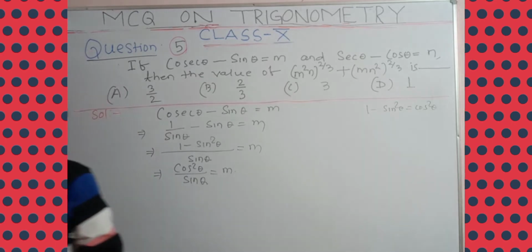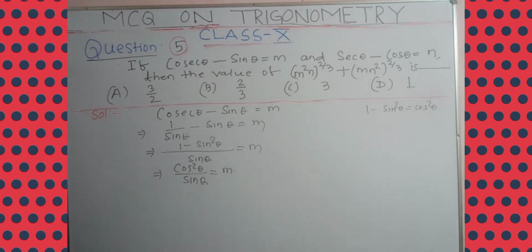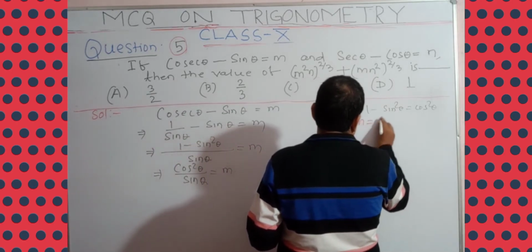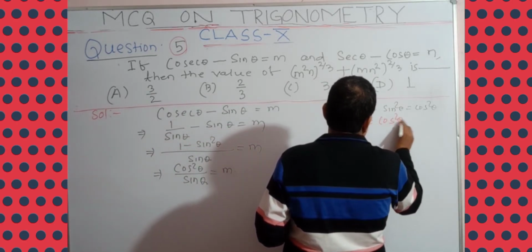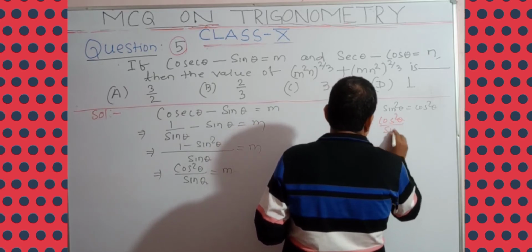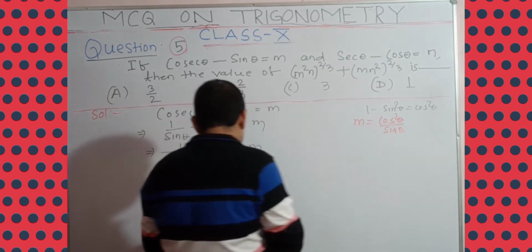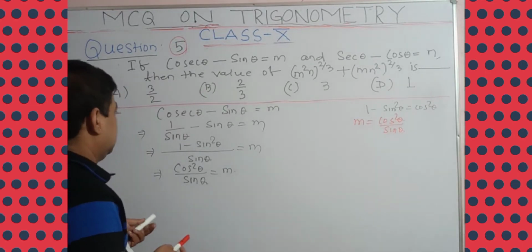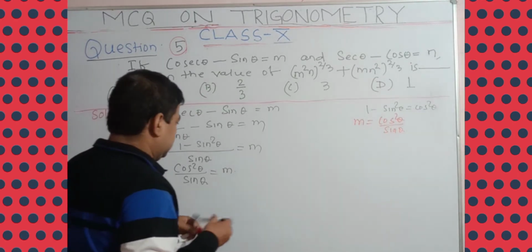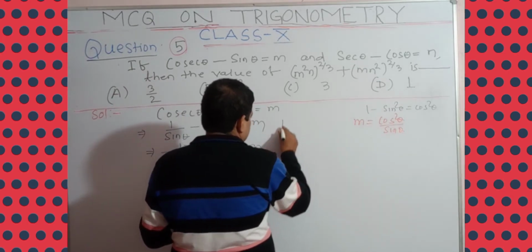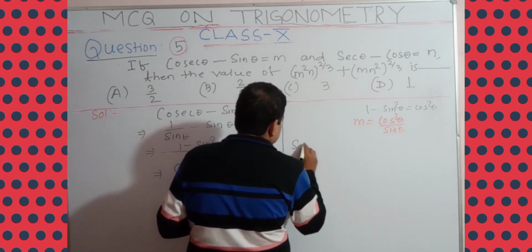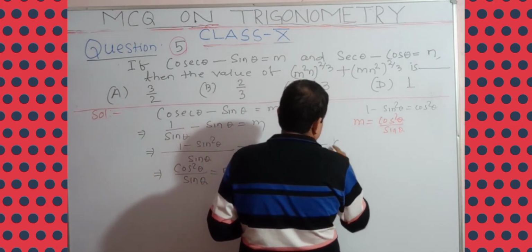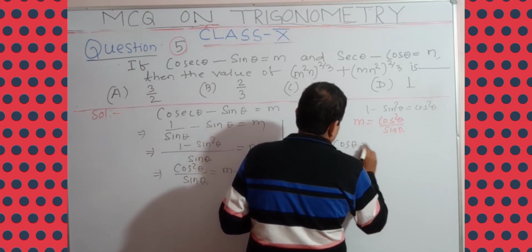Understand? Thus we get the value of m simplified. So the m value is equal to cos square theta divided by sin theta. We got the value of m. Okay? Similarly, sec theta minus cos theta is also in a similar manner.